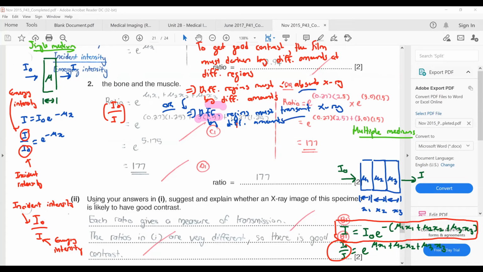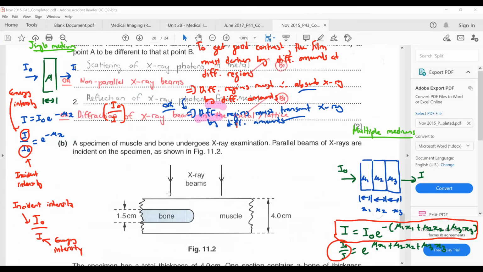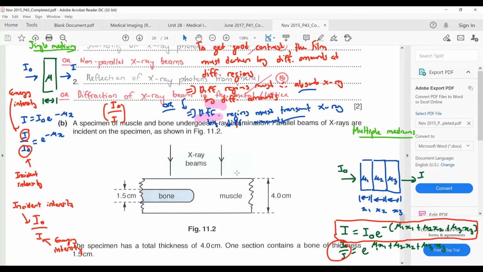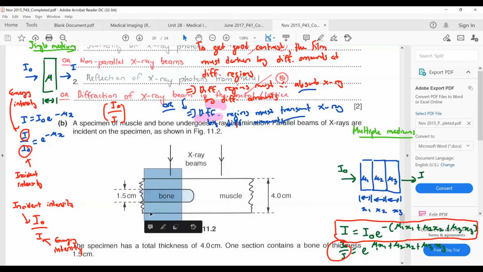Now, the reason I wanted to say this is because it's related to your answer here. Using your answer in 1, suggest and explain why your X-ray image of this specimen is likely to have good contrast. You're trying to do an X-ray like this, with your X-ray beam coming in here. The specimen you're trying to X-ray has purely muscle here and part bone here.